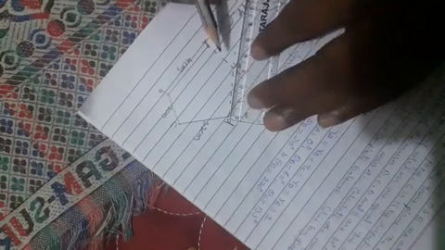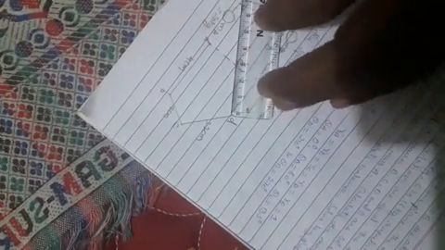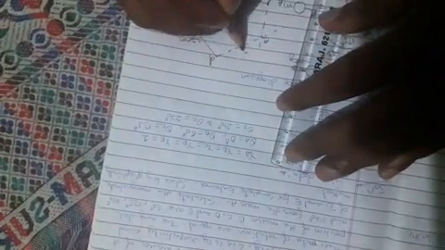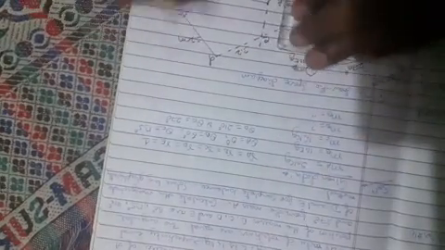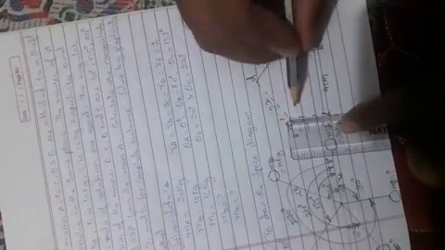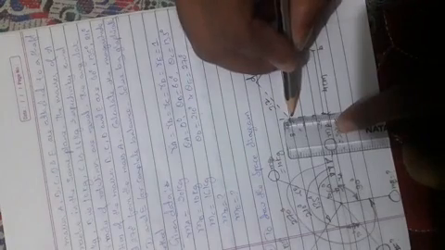By measuring these two distances, from D to E it is exactly 3.2 centimeter, and from here to here it is 2.4 centimeter.